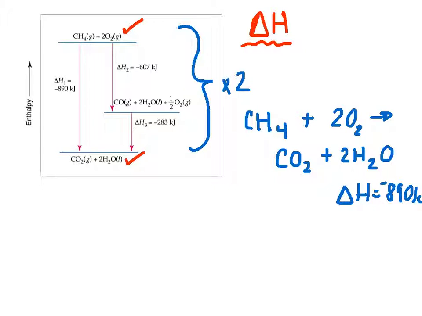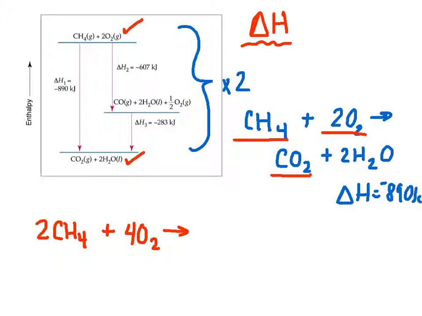So if we double the quantities, so instead of 1 CH4, we do 2 CH4s. Instead of 2 O2s, we do 4 O2s. In other words, we're multiplying everything by 2. Rather than 1 CO2, we get 2 CO2s produced.